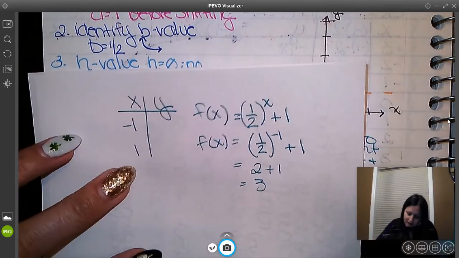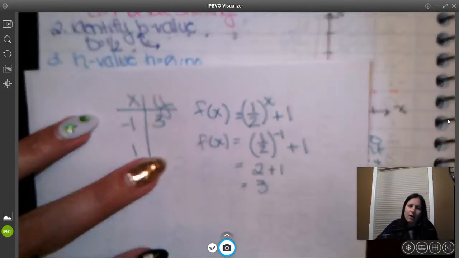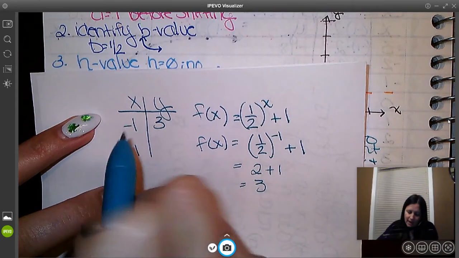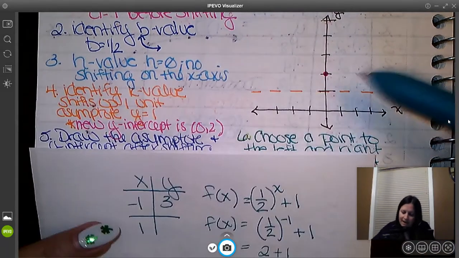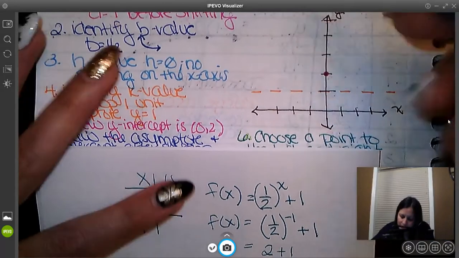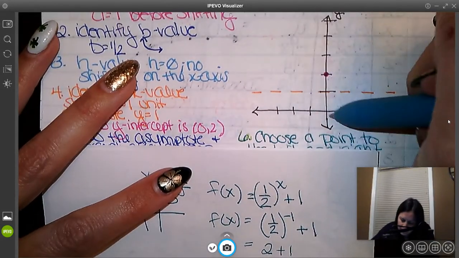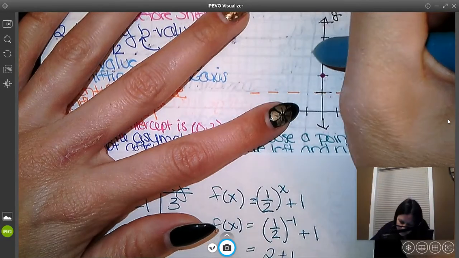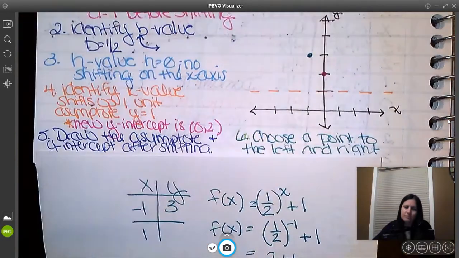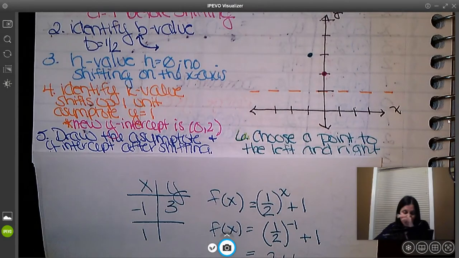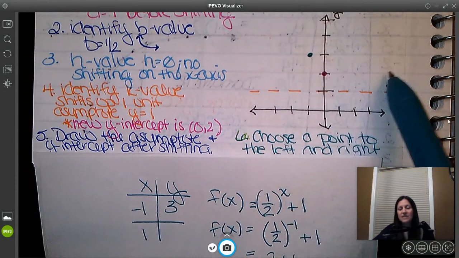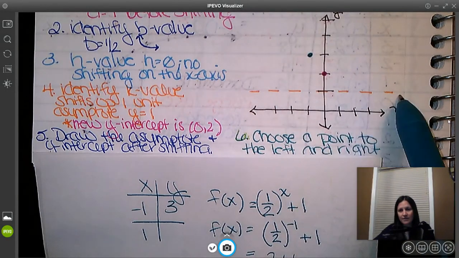So my y value is 3 when x is -1. Okay? So at -1, I'm going to go up to 3. So -1, 1, 2, 3 is right here. Which makes sense because I know I want a decay graph. So I want a graph going this way.